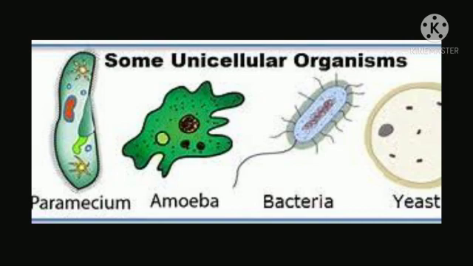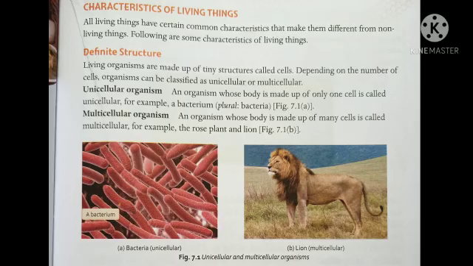In a unicellular organism, all the life processes are carried out by the single cell. And students, an organism whose body consists of several cells is called a multicellular organism. For example, human beings and rose plants.